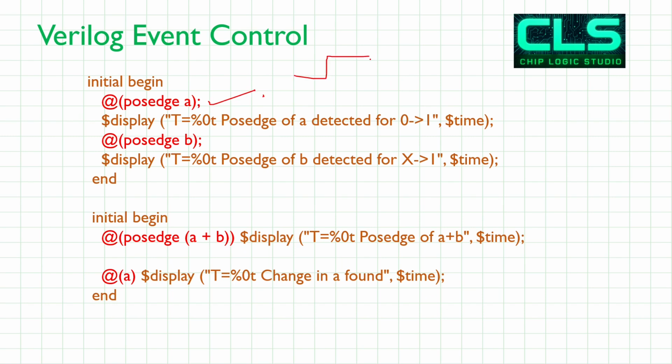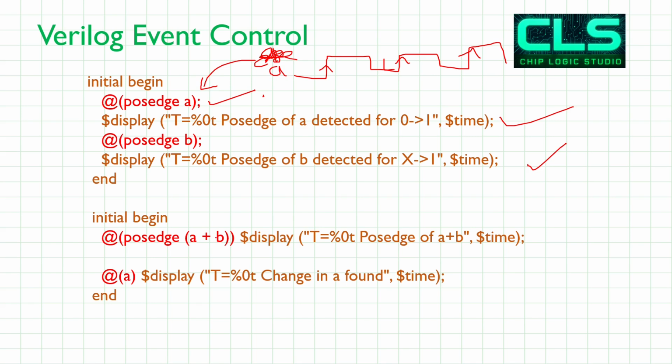For example, this is our clock, so whenever this posedge comes, this statement will execute. This clock is our a because it is working on a. So whenever there is a posedge on the signal, this statement will execute.